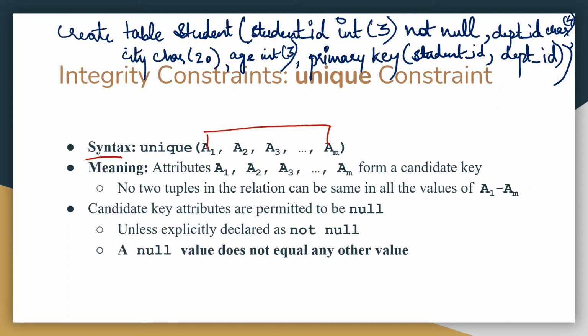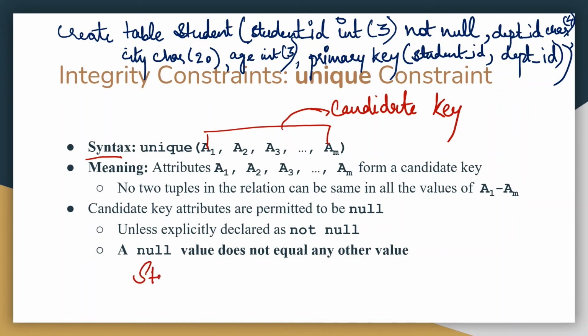Okay. So now, what do I mean when I say the combination of these attributes is unique? I mean to say that this combination forms a candidate key. And when I say that this combination forms a candidate key, we all know that it cannot happen that if I take two tuples in the relation, they have the same values for all the attributes of this relation. Let's take a quick example. We just discussed the student schema, right?